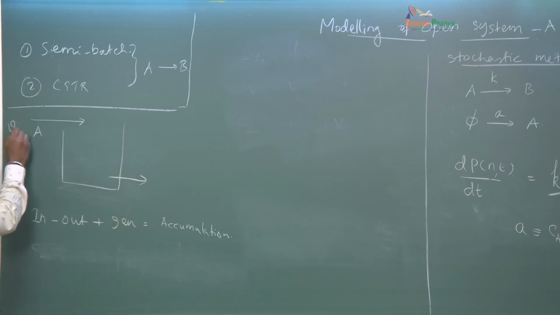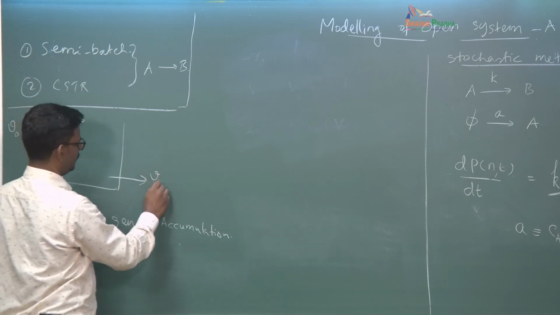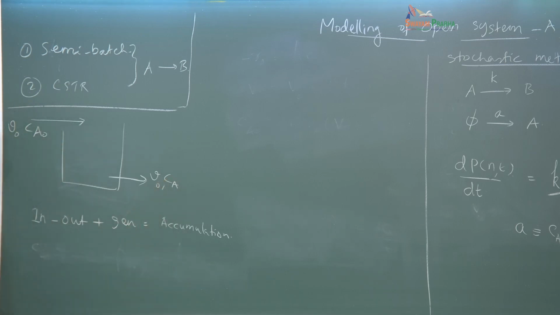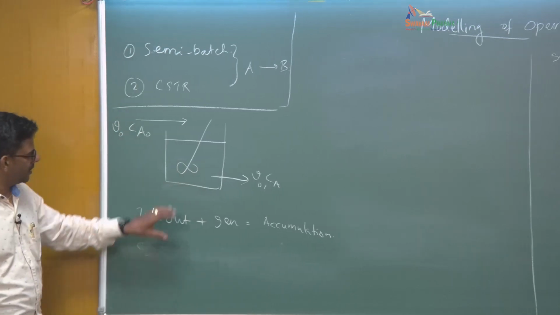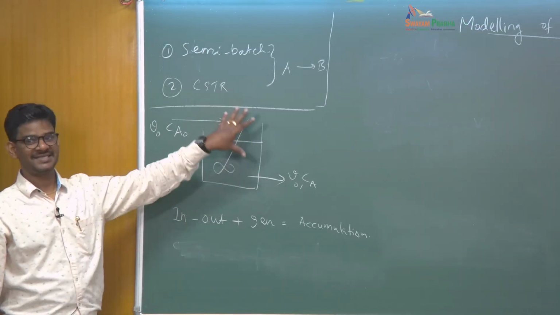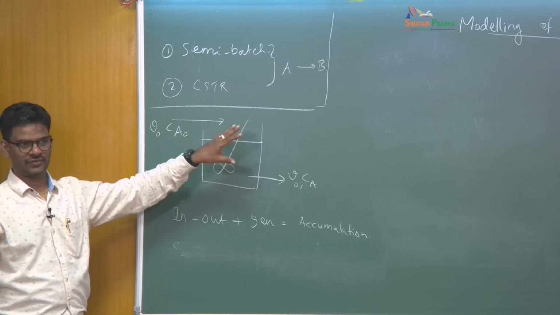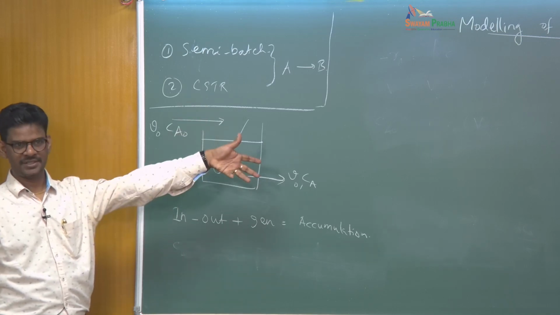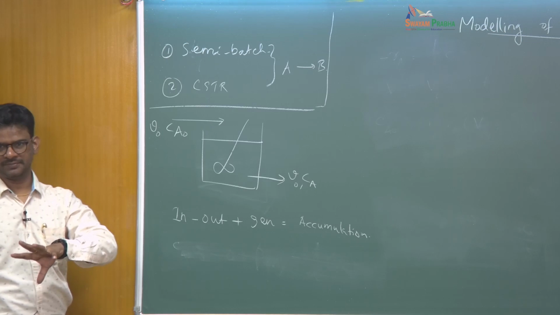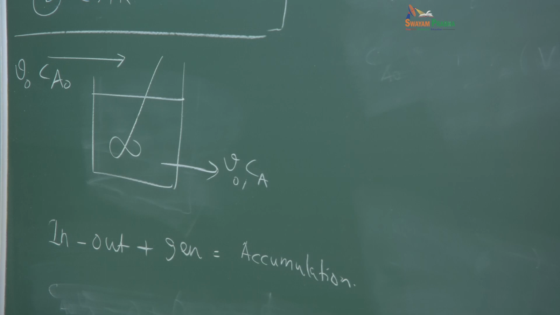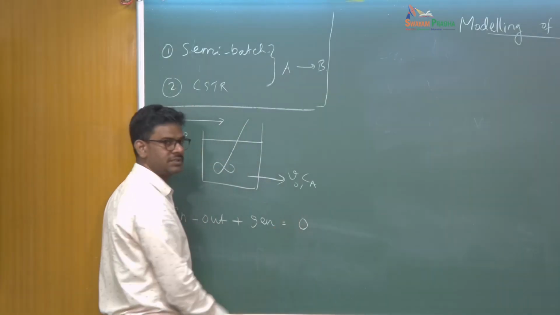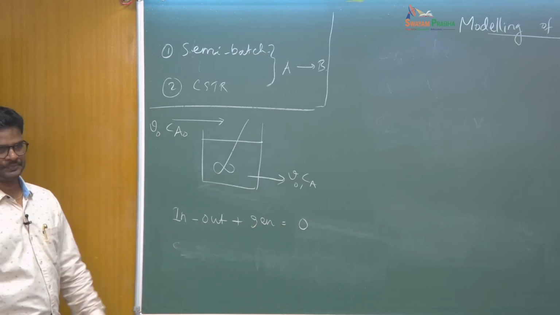So V naught, CA naught is the incoming stream, V naught, CA is the leaving stream, and this is perfectly mixed, and the volume of this reaction mixture is constant at steady state. So I was looking at one example with unsteady state behavior, and now I'm talking about steady state behavior. CSTR we mostly handle in a steady state. So clearly there is no accumulation term here, right? Steady state, nothing changes with respect to time.